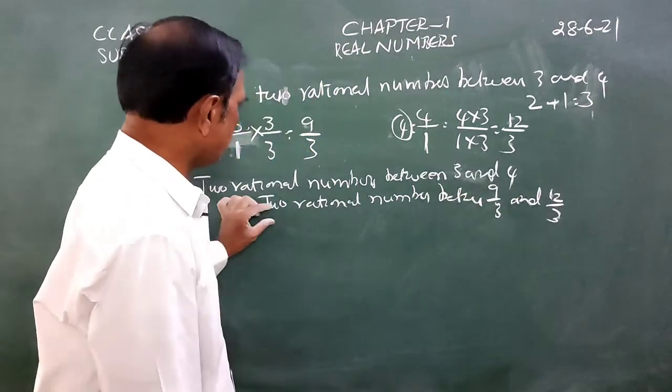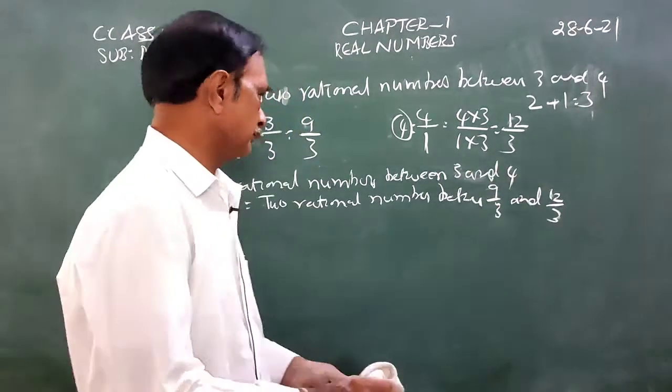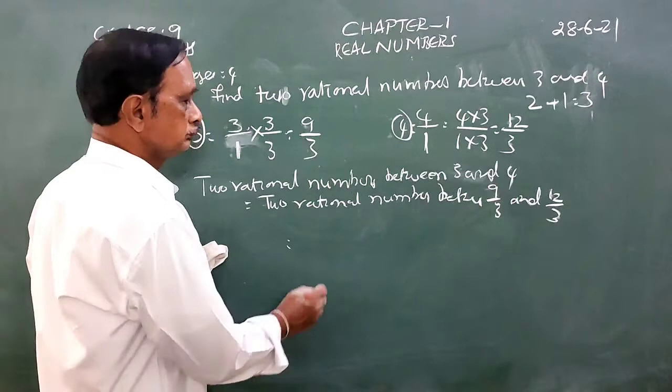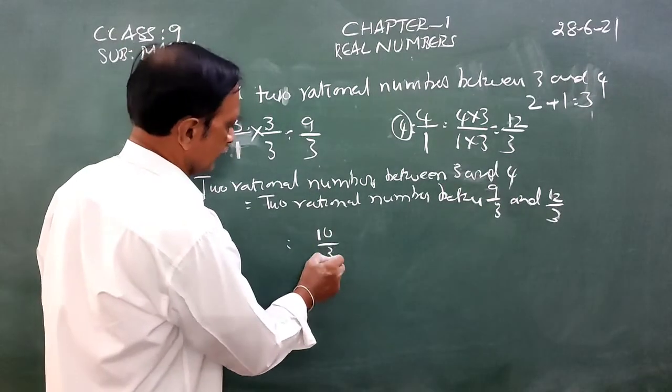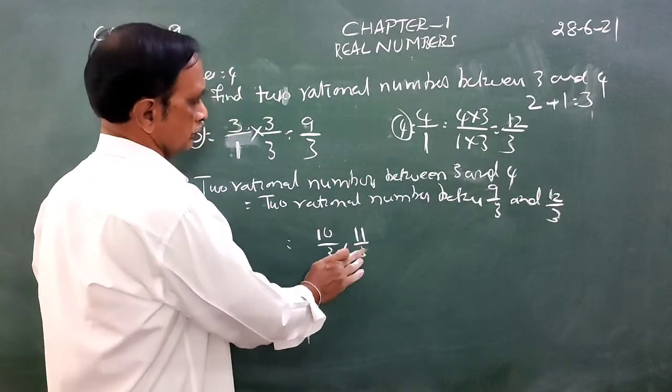So can you get the rational number between 9 by 3 and 12 by 3? Yes. That is equal to 10 by 3, 11 by 3.